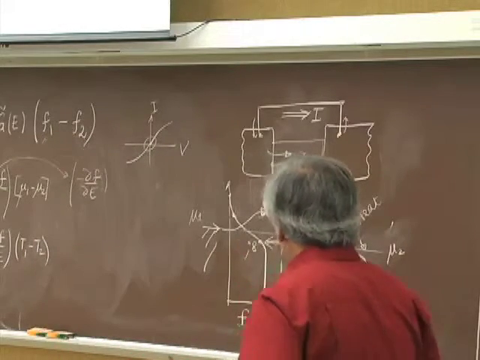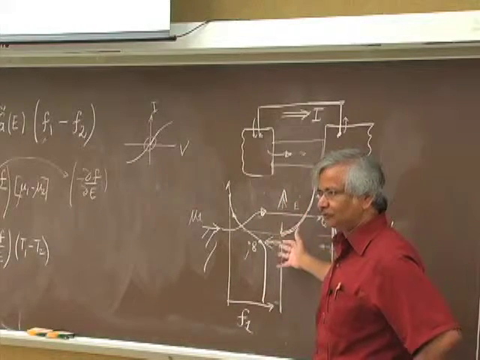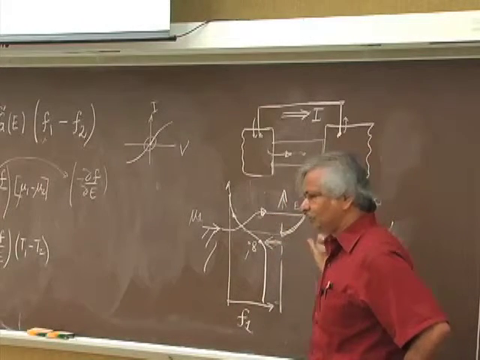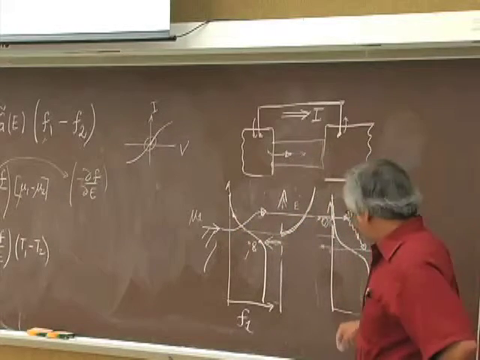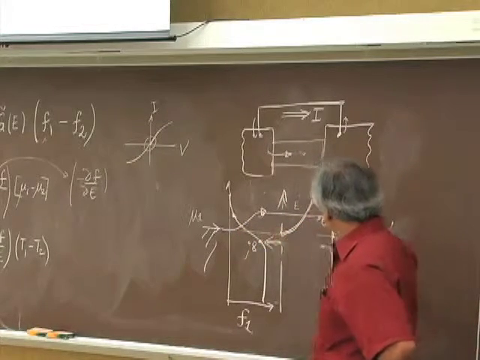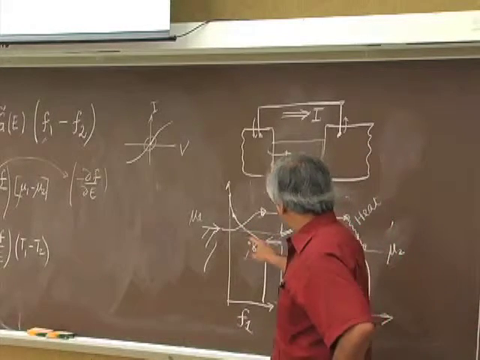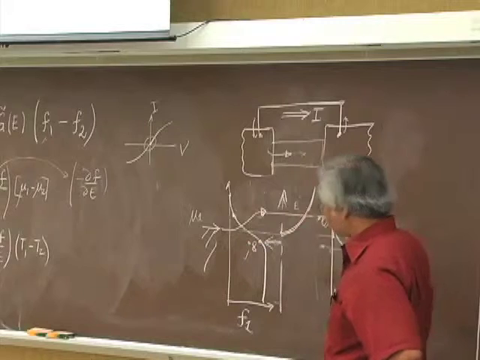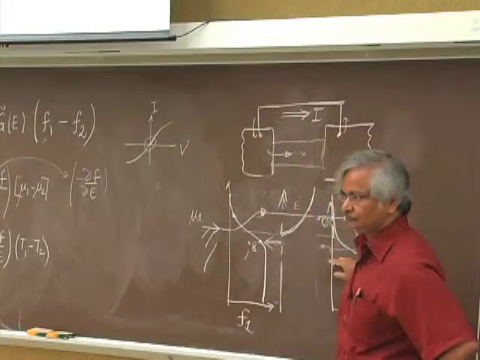And the point I'm now trying to make is that with these N-type conductors, when you look at it, it is not all heating. One is getting cooled, the other is getting heated. But then it is getting heated more than it's getting cooled. Why? Because, of course, in order for electrons to be flowing this way, since the temperature is the same, mu1 must be above mu2.